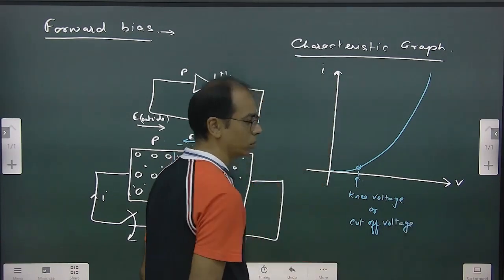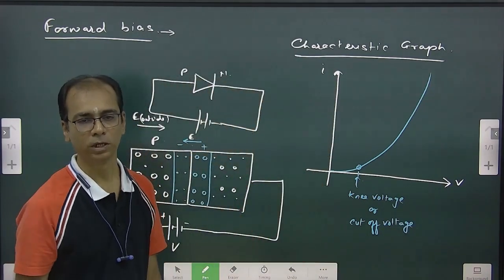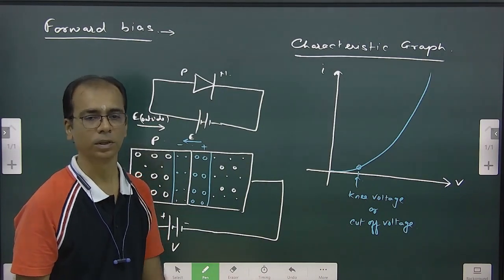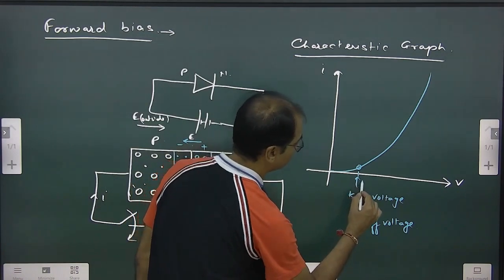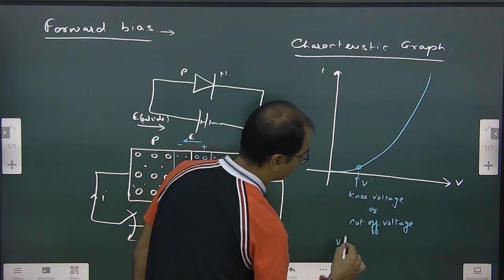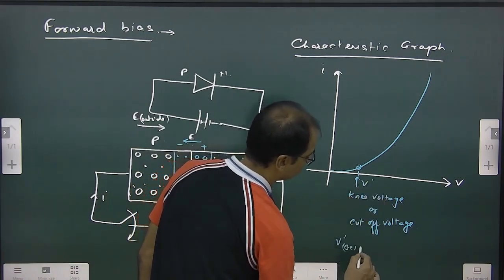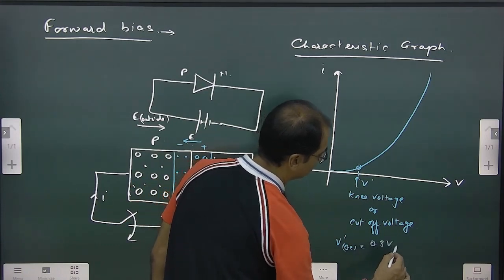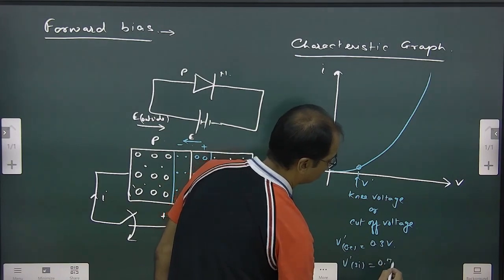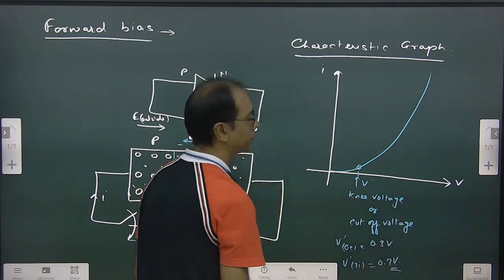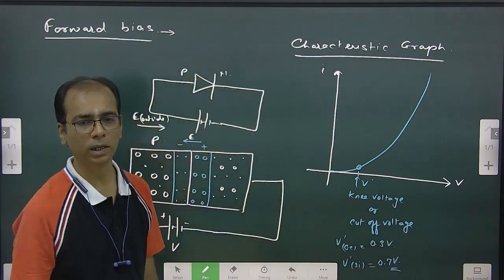And we know their values also: for silicon it's 0.7 V and for germanium it's 0.3 V. This V dash for germanium is 0.3 V and V dash for silicon is 0.7 V. And what current are we getting?